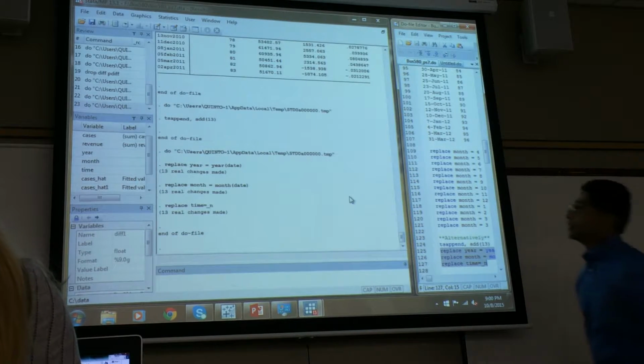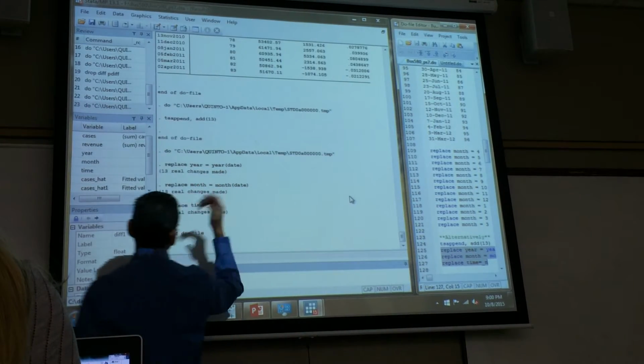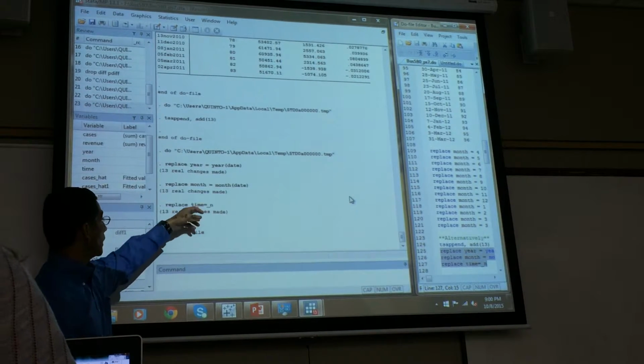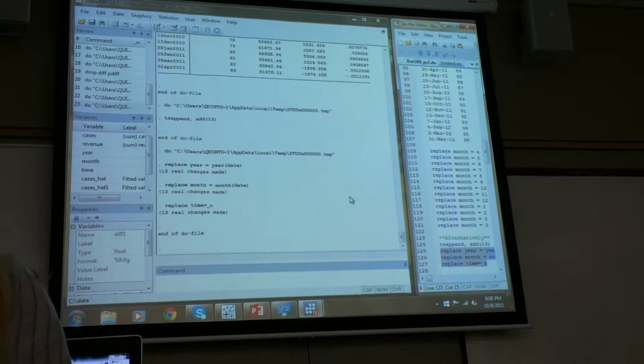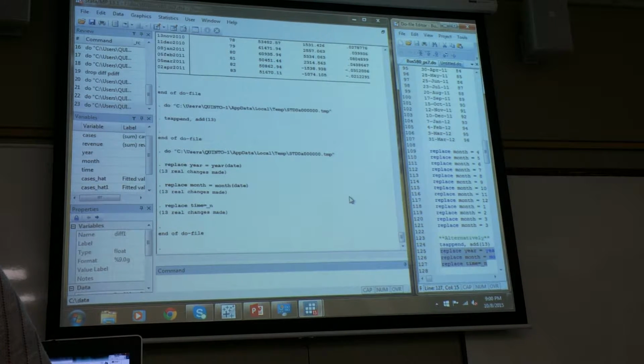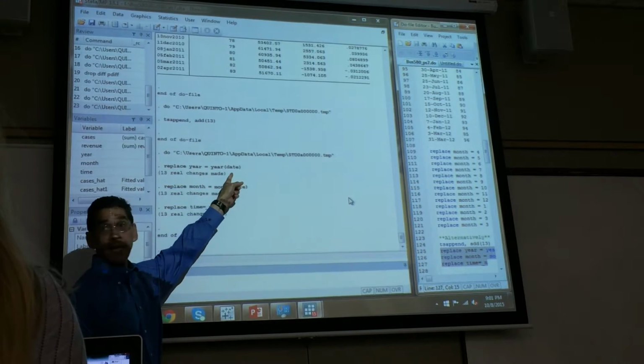What did I do? We already had year, and we didn't need to do that. We already had month, which we did need, and we already had time. But I told Stata to replace year with year from the date.